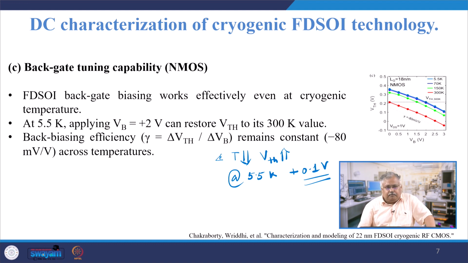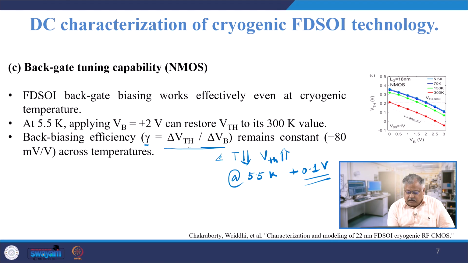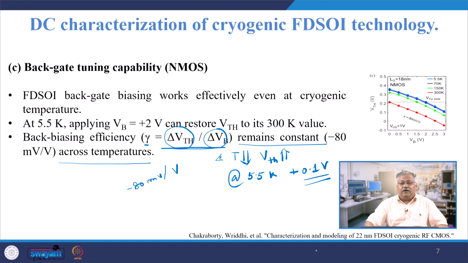Now, the backgate bias efficiency is given by gamma, which is del VTH by del VB, the change in the threshold voltage by the change in the substrate bias. It almost remains constant across all temperatures, at 80 millivolts per volt, which means that for every 1 volt change in the value of VB, I will get a decrement of 80 millivolts.